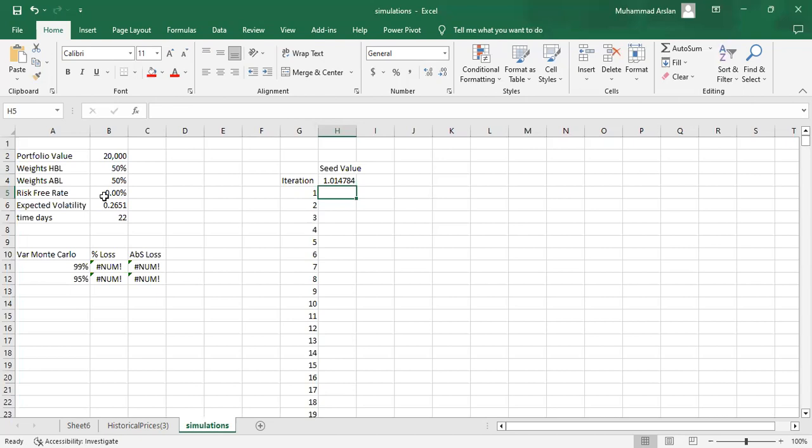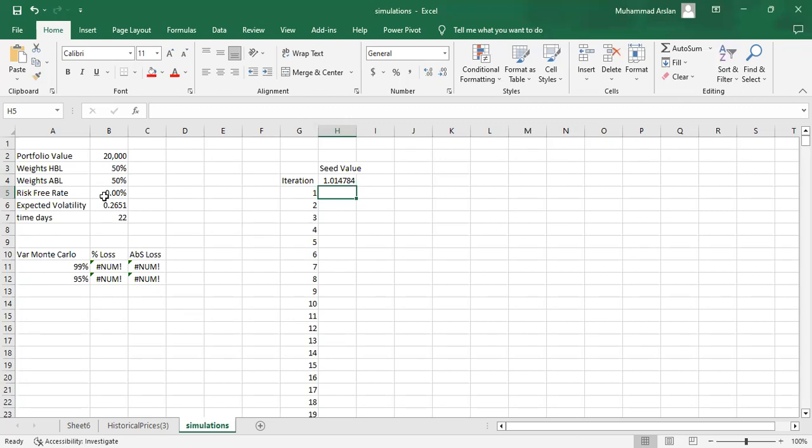Expected volatility, the volatility in the market, which we have computed using the volatility modeling, autoregressive conditional heteroskedasticity, is 0.2651, or 26.51%. And the number of trading days in a month, we are assuming, is 22 days.